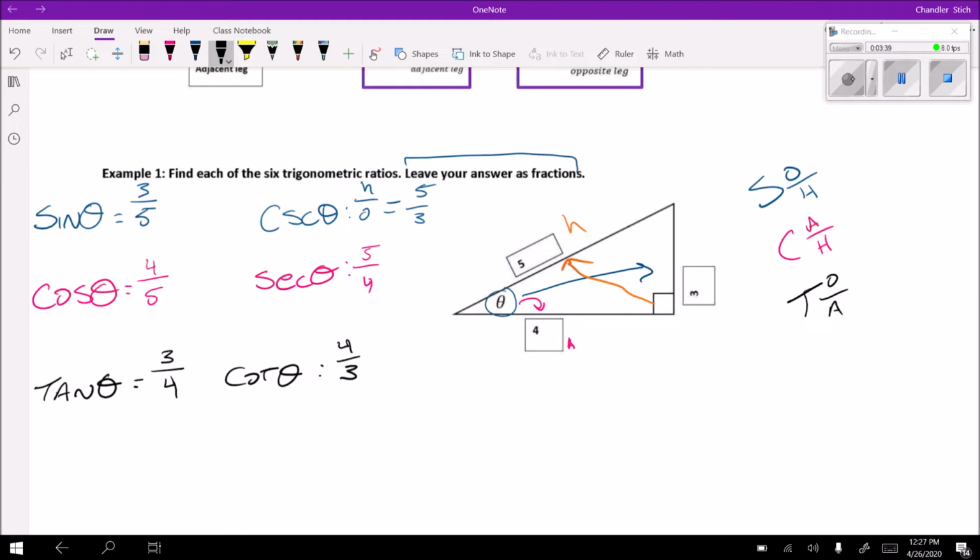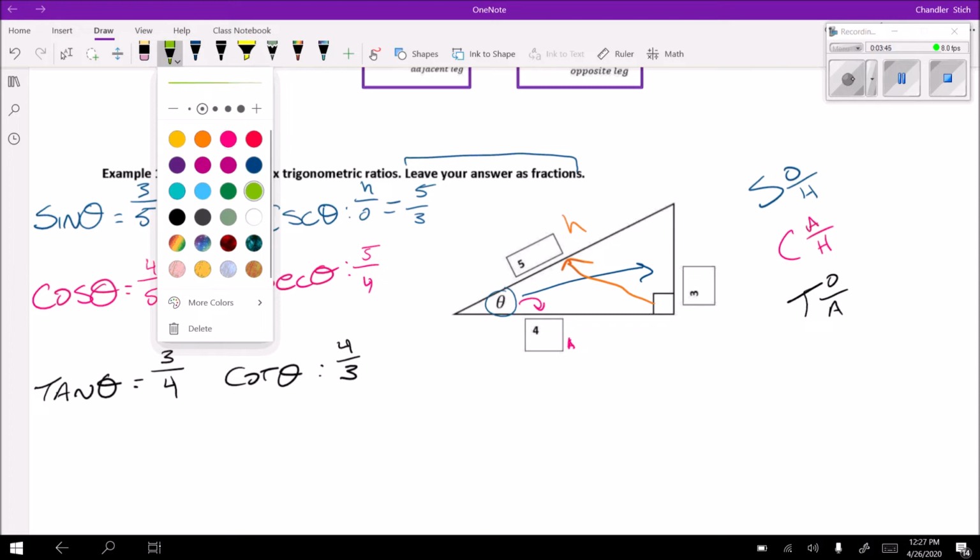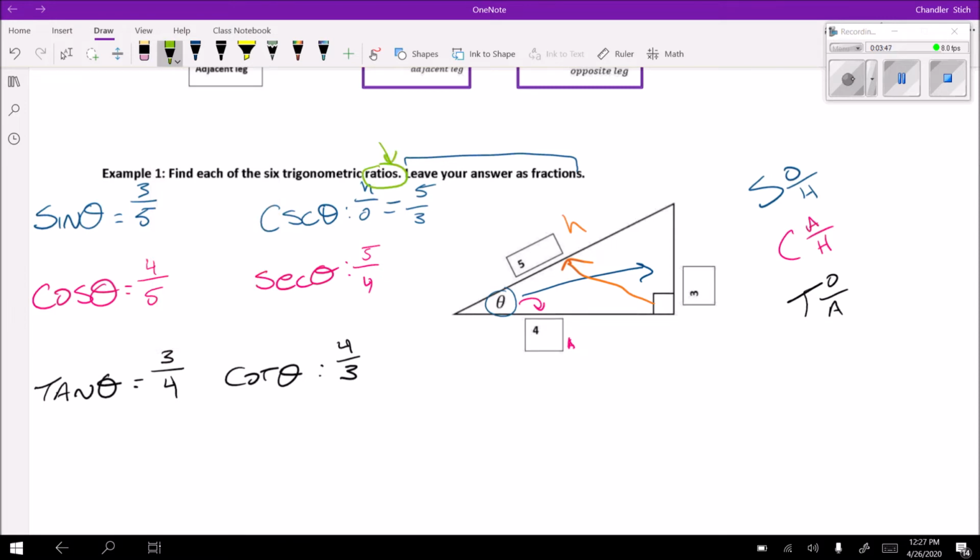All we're trying to find is that ratio, and the ratio obviously means a fraction. So this word ratio right here means fraction. And that's what we did. We have 6 fractions. We have 6 trig ratios, just using this 3, 4, 5 right triangle.